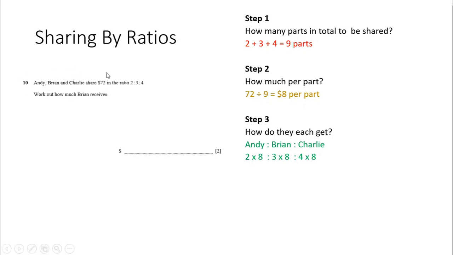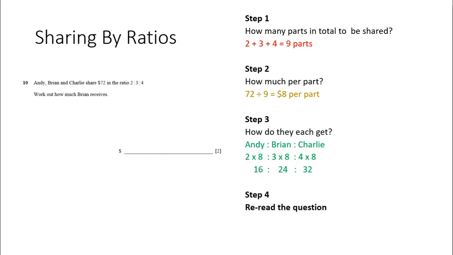So Andy is respective to 2 parts, Brian is respective to 3 parts, and Charlie is respective to 4 parts. Now I've already multiplied this ratio out times 8 because we said that it would be $8 per part. So 2 times 8, 3 times 8, 4 times 8. That's going to be 16 for Andy, 24 for Brian, and 32 for Charlie.